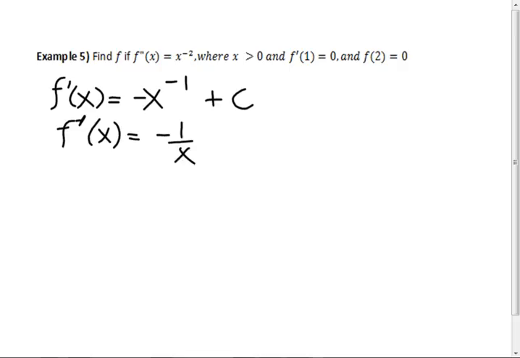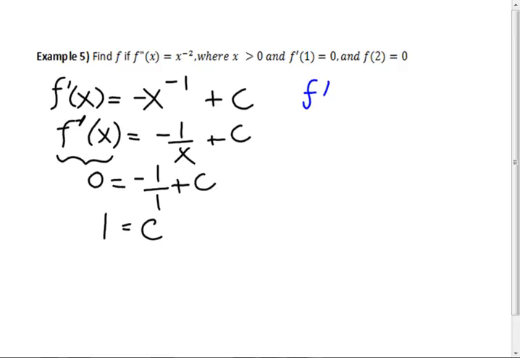Because we can't use the power rule on this. Okay, let's find c. It says f prime of 1 is 0. So this is going to give me 0 equals minus 1 over 1 plus c. So c is equal to 1. So f prime of x is equal to negative 1 over x plus my 1.